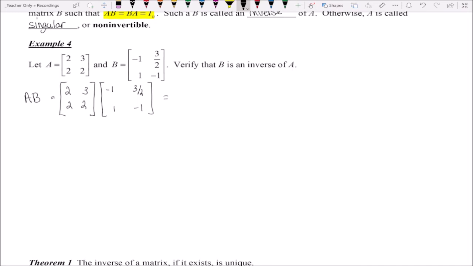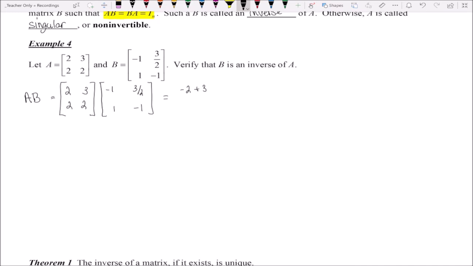Remember, when we multiply matrices, for the 1, 1 entry we want the first row of the first matrix and first column of the second matrix: 2 times negative 1 is negative 2, plus 3 times 1.